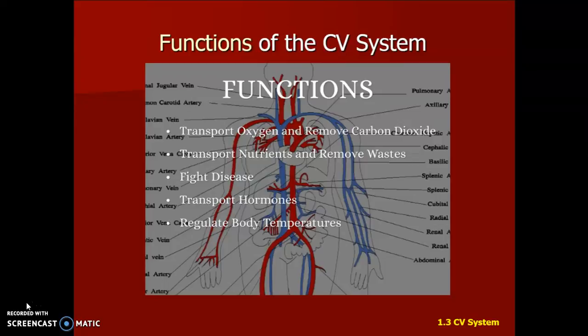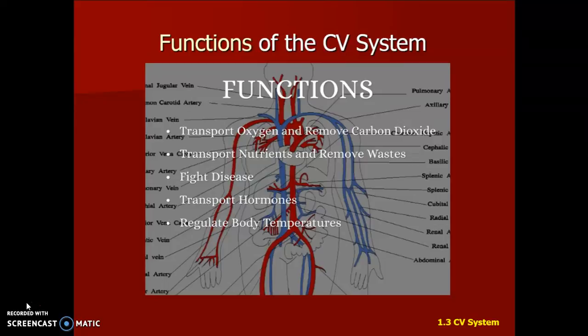The next function is the transportation of nutrients and the removal of wastes. This happens in the stomach, where when you're digesting, the bloodstream will come along. It will absorb any sugars, fats, vitamins, or amino acids and will carry this to the most helpful place where it needs to be.